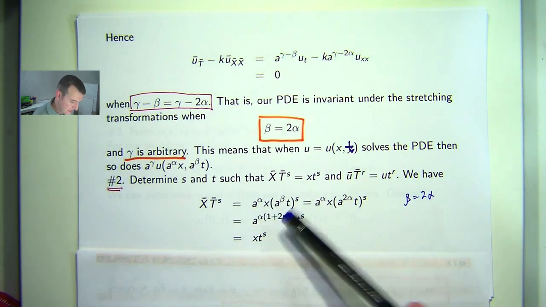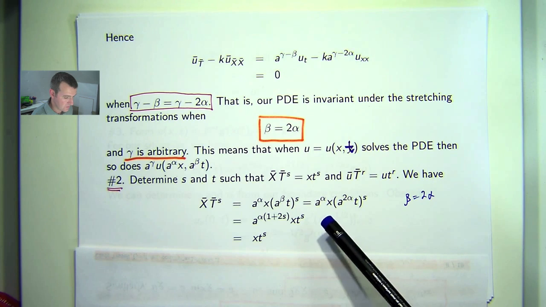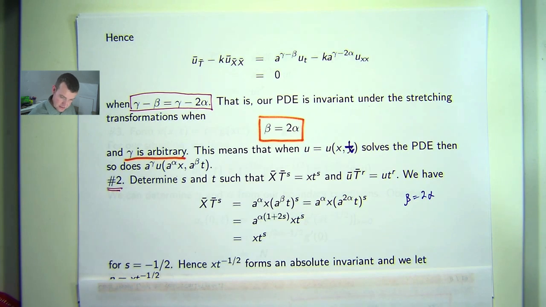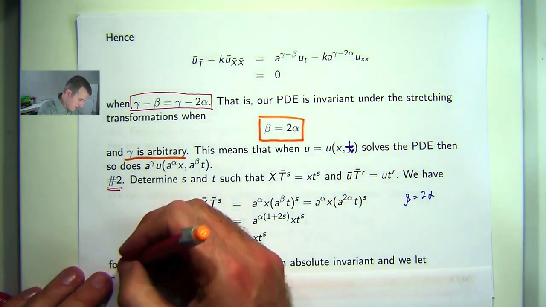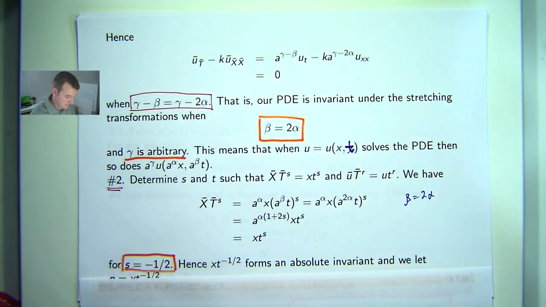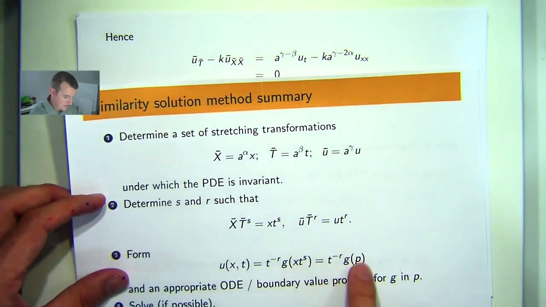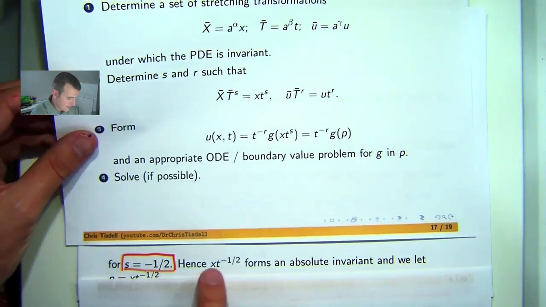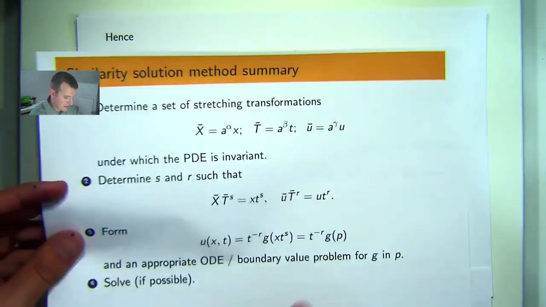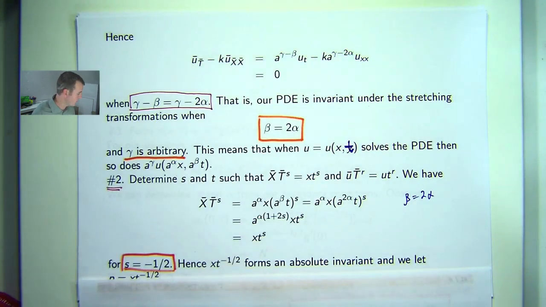So how can I choose s such that this power will be 0? Well, if s equals negative 1/2, then that's just going to disappear. And I now have a value for s. So what does this mean? It means the new variable will be x times t to the minus 1/2.